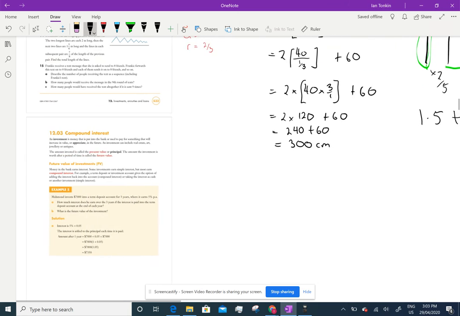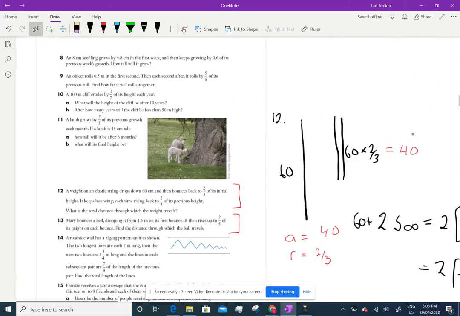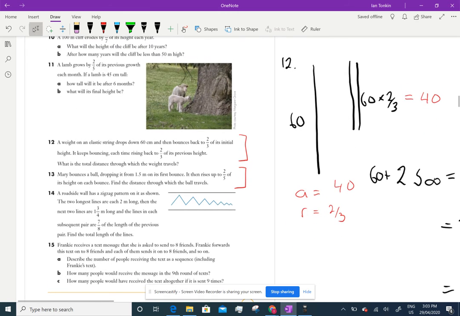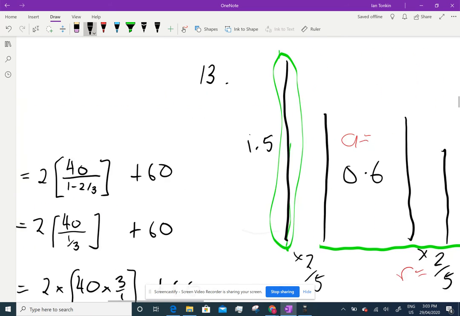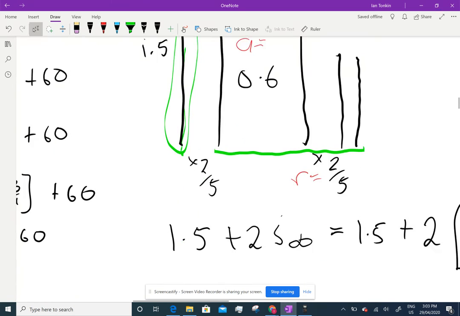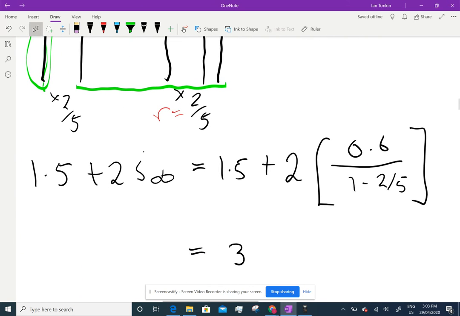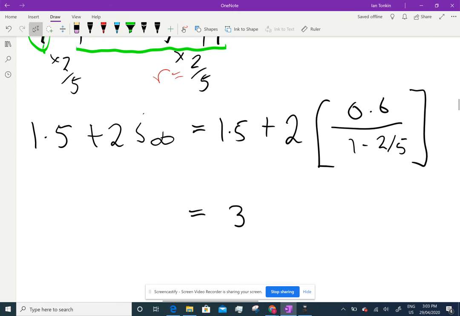Oh, hold on. What's the question asking? Maybe it's 13. Find the distance through which the ball travels. Did I type it into my calculator correctly? Let's just double check that. 0.6, 1 minus 2/5. Right, so here we go.